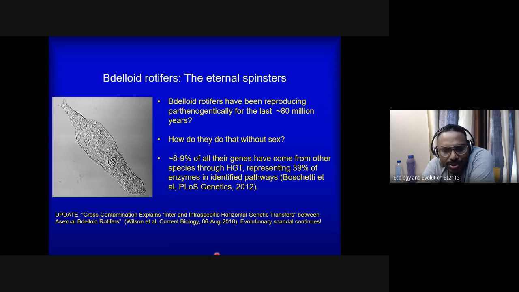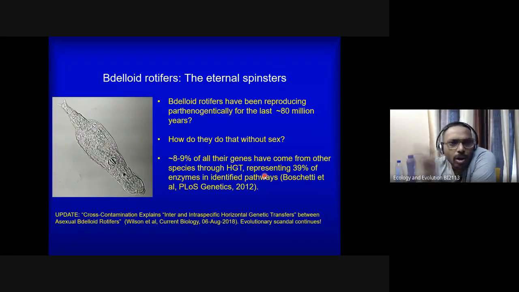In 2000, the same group that had said this came out saying that in the original paper they had messed up very heavily, and there was actually a lot of cross contamination in that work, and that is what explains all their results. And now there is no reason for them to believe that there is horizontal gene transfer.